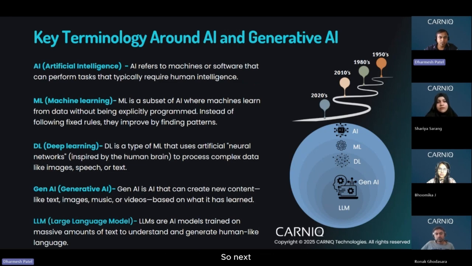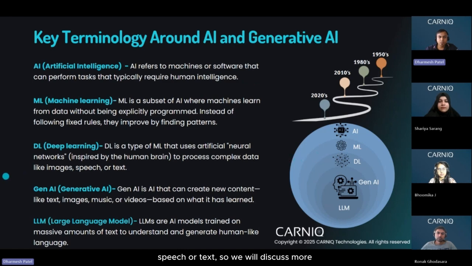So the next thing in this diagram that you can see is deep learning. Deep learning is again a subset of machine learning. What is at the core of deep learning is neural networks. It is inspired by the human brain to process complex data like images, speech, or text.